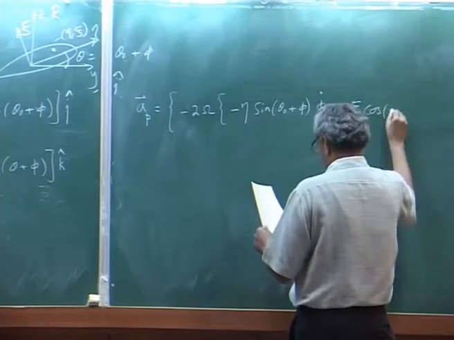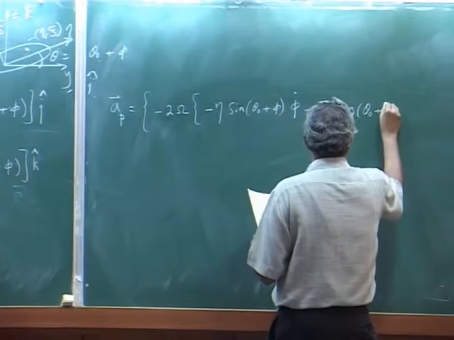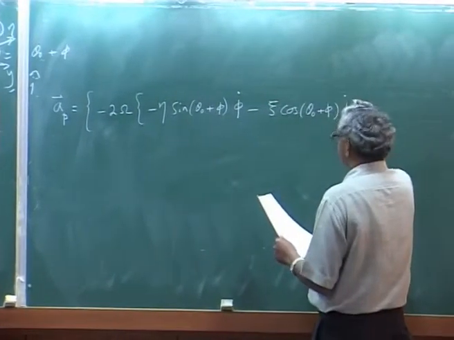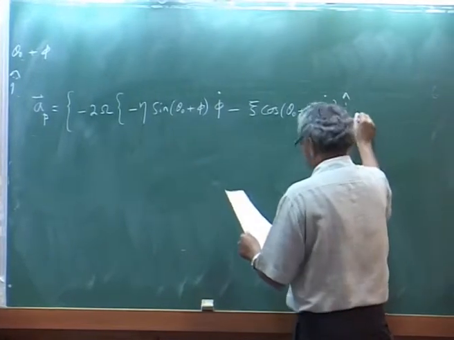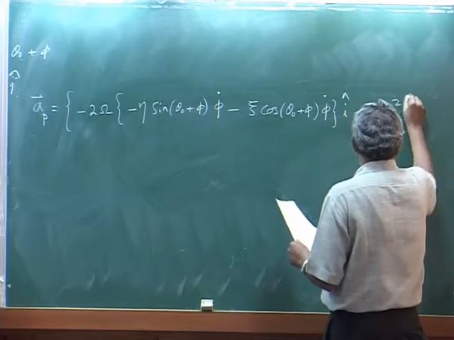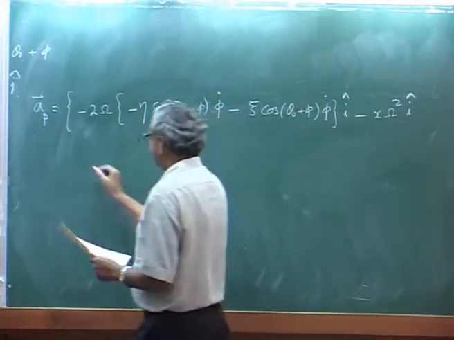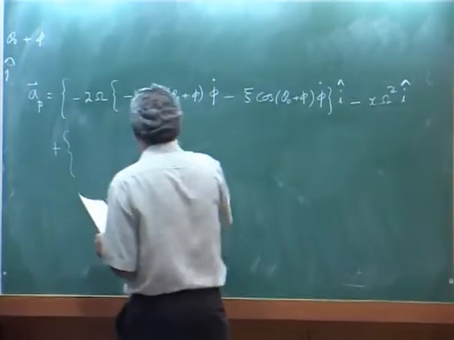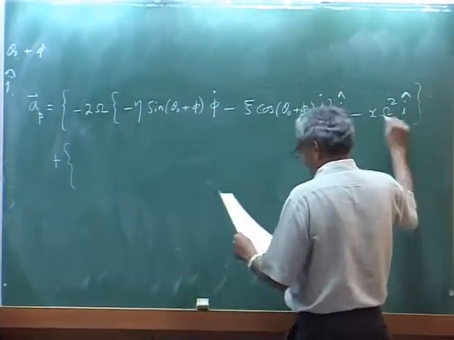Okay, cosine theta naught plus phi, phi dot, minus x omega square I, then plus, I think you can close this bracket.